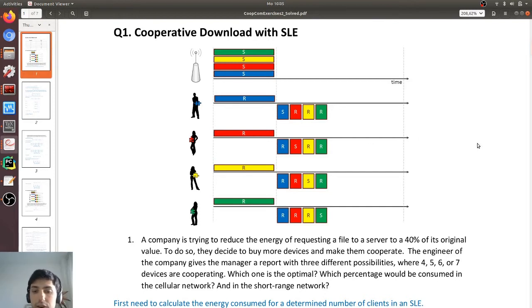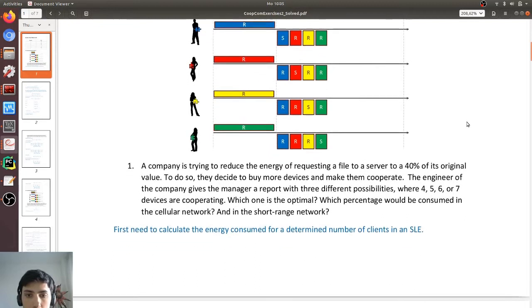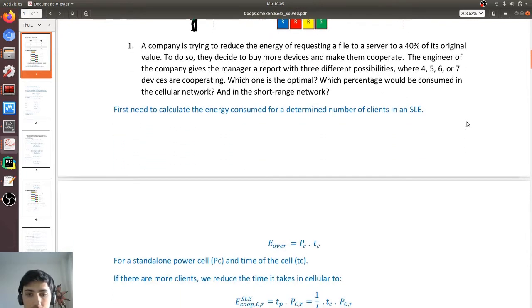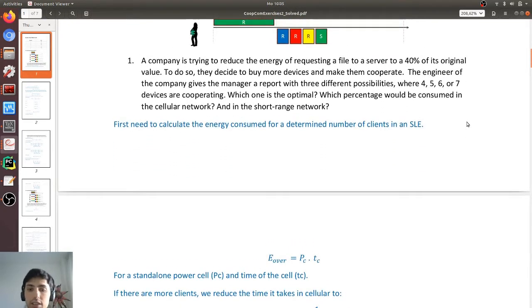So first we need to calculate the energy consumed for the determined number of clients in this sequential local exchange. Of course, the energy depends on the power of the cell when there is only one client, and the time when there is one client.